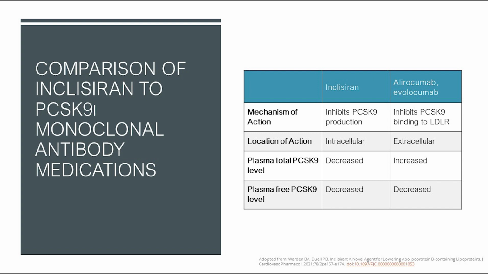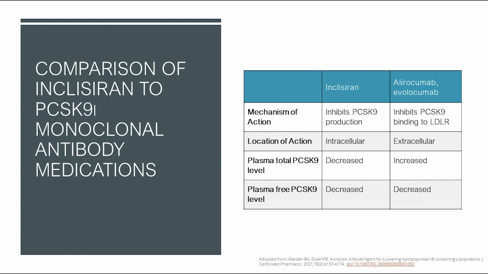Inclisiran is our siRNA agent, and it differs from our other PCSK9 inhibitors like alirocumab and evolocumab. Both do have an effect on PCSK9. Inclisiran ultimately inhibits PCSK9 production, whereas our monoclonal antibodies inhibit PCSK9's ability to bind to our LDL receptors and thereby causing them to degrade.